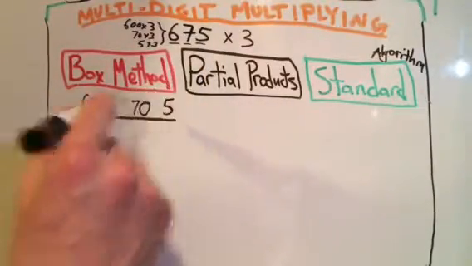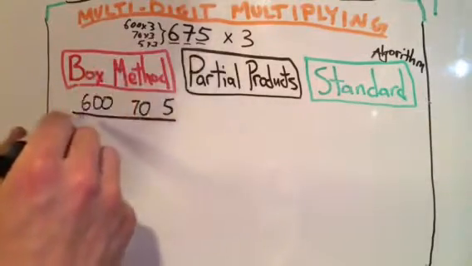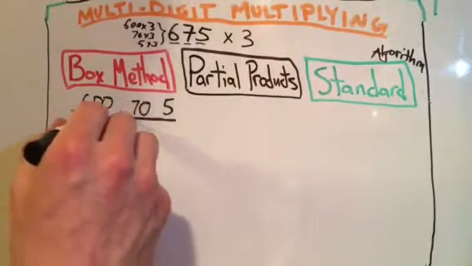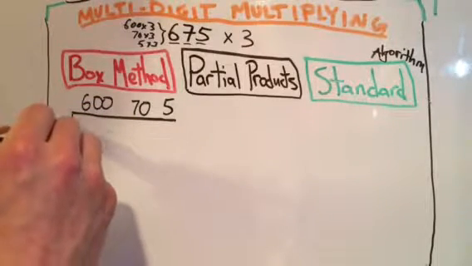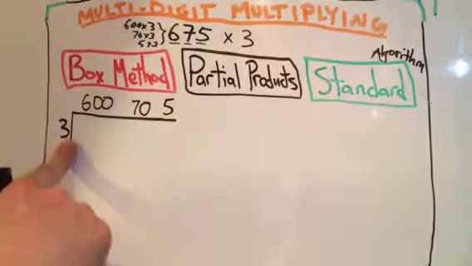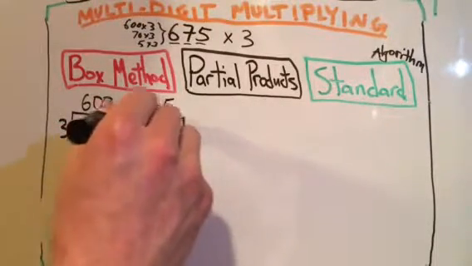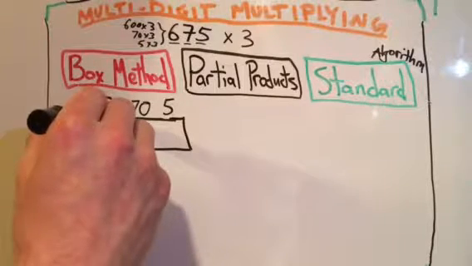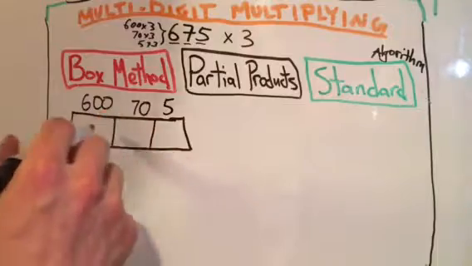Boy, it's a late night. I hope you're catching my mistakes too. 675, we might split up across the top into its place values. And 3, hey, that's nice, it only has one place value. You don't often see the box method used for single-digit multiplication, but it works great for that.